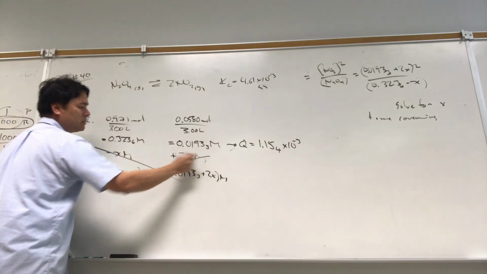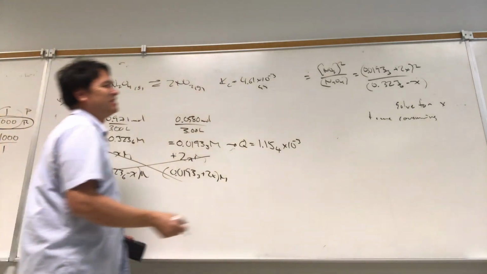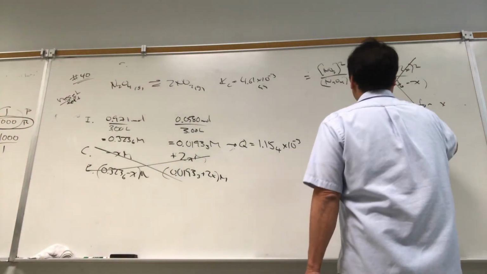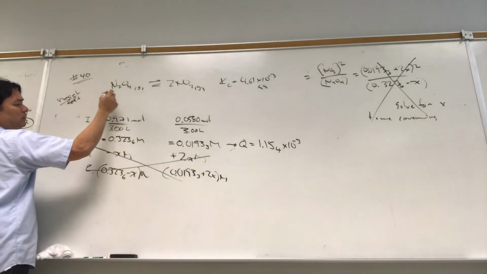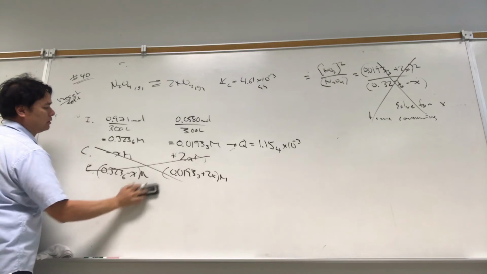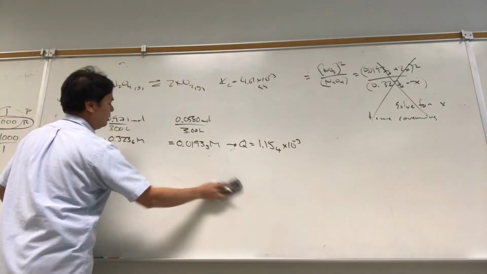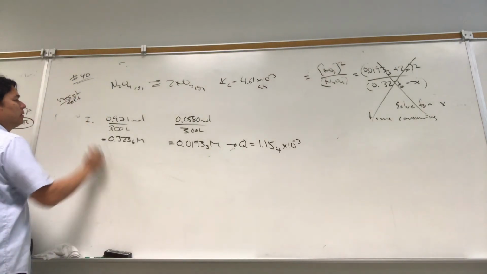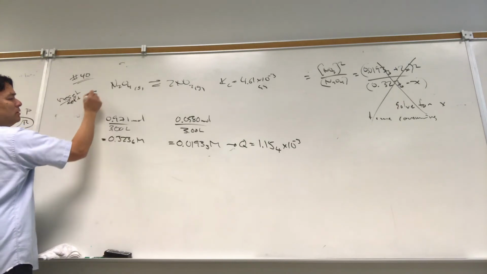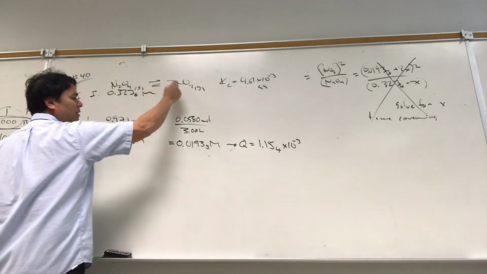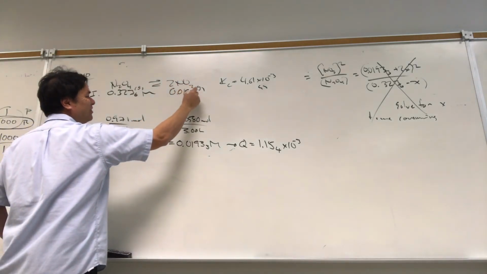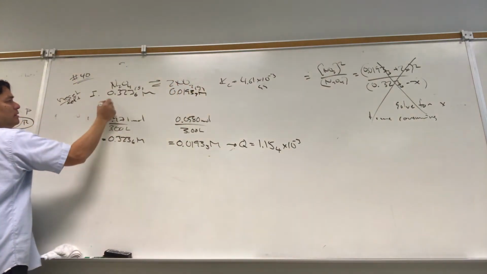And so what I'm going to do is this, because I don't want to do this much math. I'm going to take my original initials, and I'll just rewrite this up here. The original initials are 0.3236 molar and 0.01933 molar, and then I'm going to reset this.